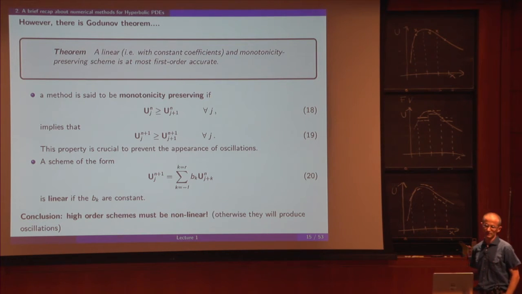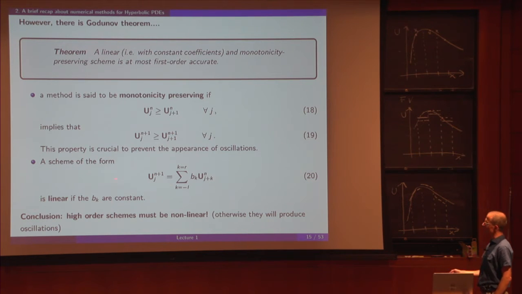Monotonicity preserving can be regarded as a synonymous of non-oscillatory. It says that if you have a given monotonicity at time level Tn, this will be preserved at any future time. So you will not create new local minima nor new local maxima, so your numerical scheme will not oscillate, which is a very nice property.